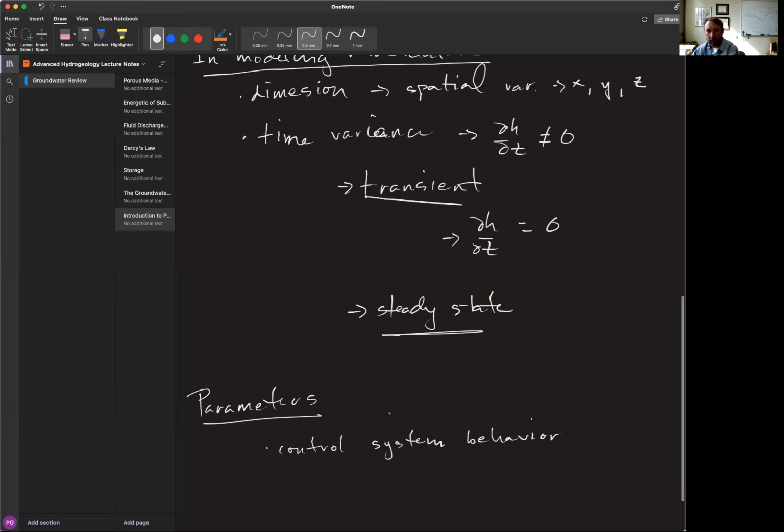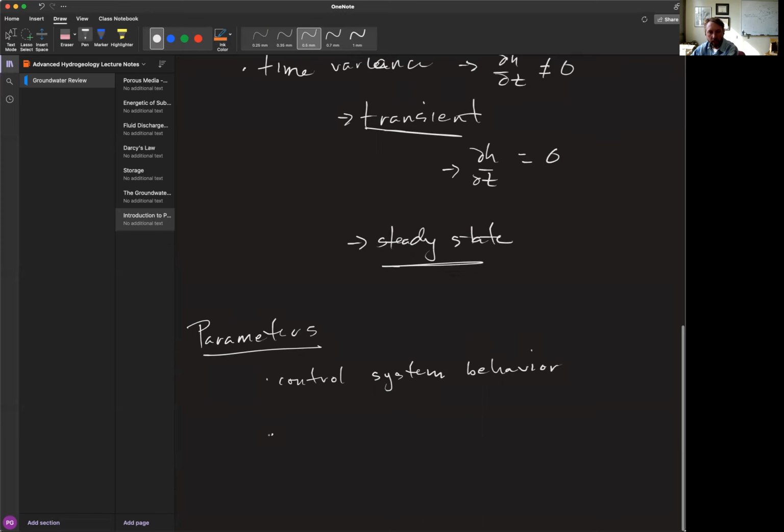All right, and there's two types of parameters. So parameters can be independent of the dependent variable.